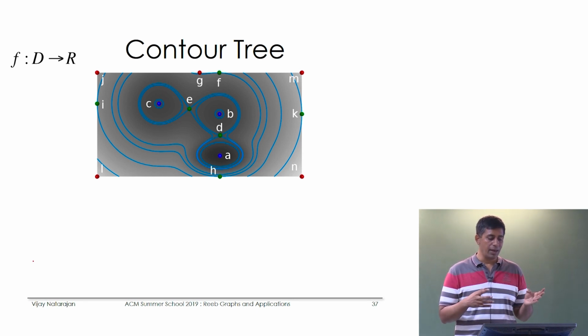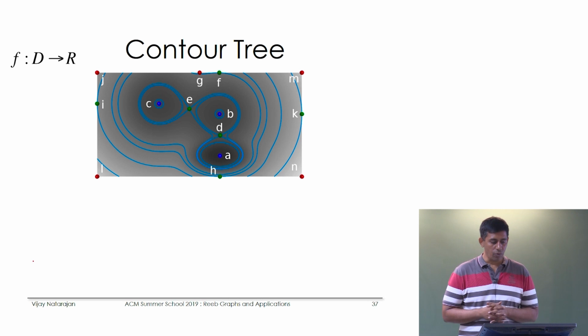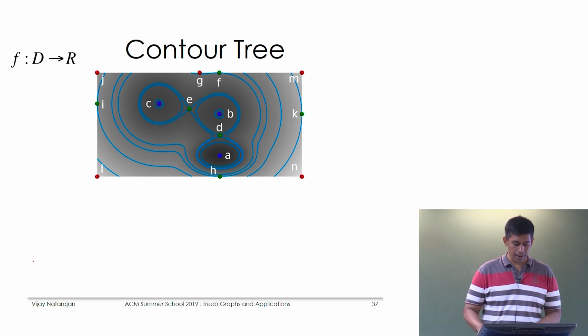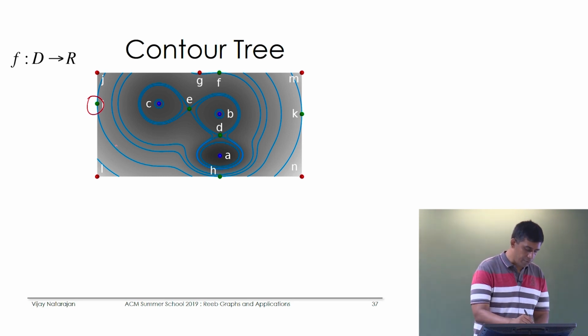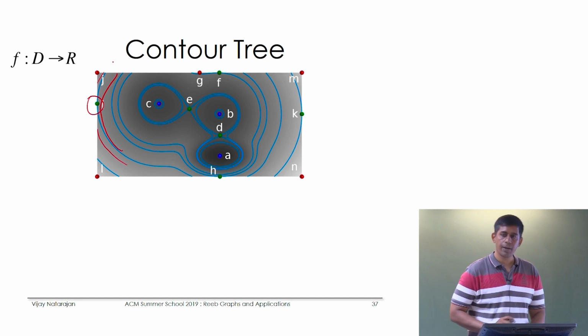The other green points are where a single connected component splits into two. For example, at F, or let us see something simpler, at I, what is the before and after picture? Before picture is like that, after picture is like that.